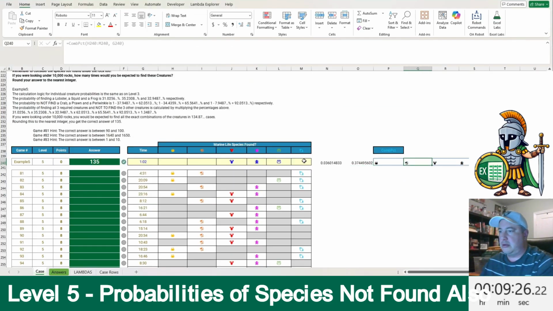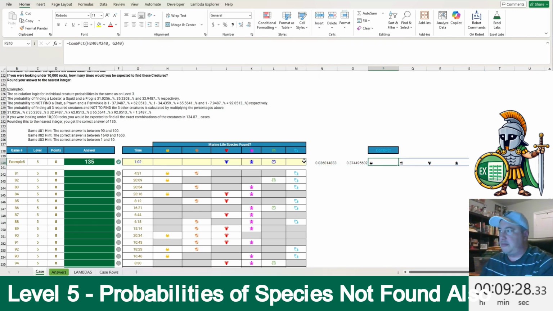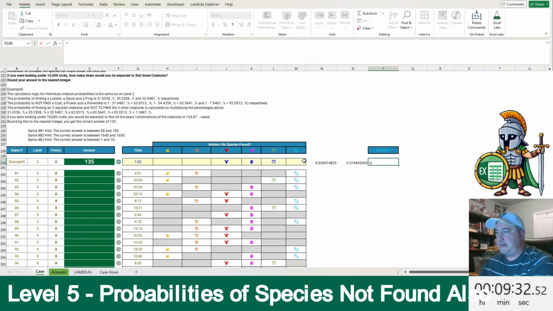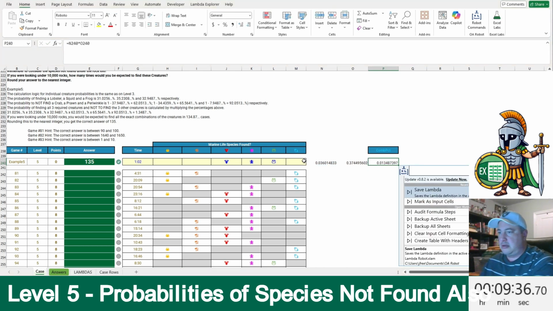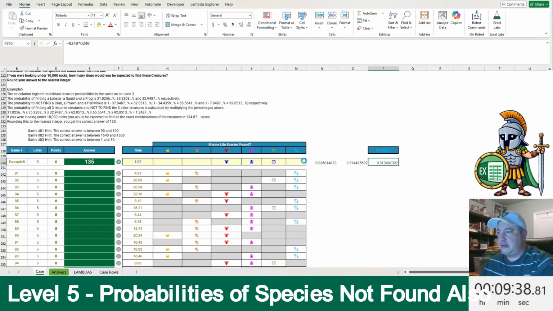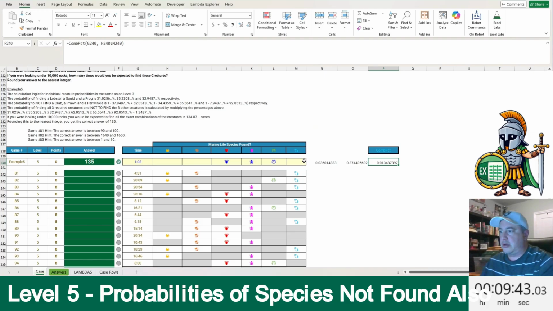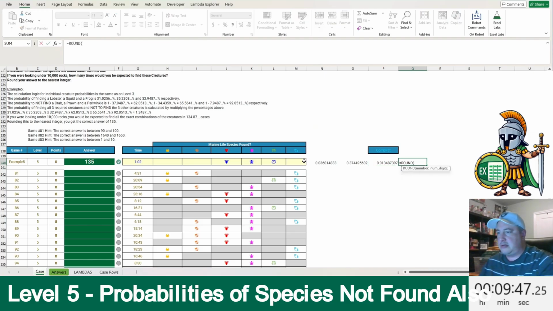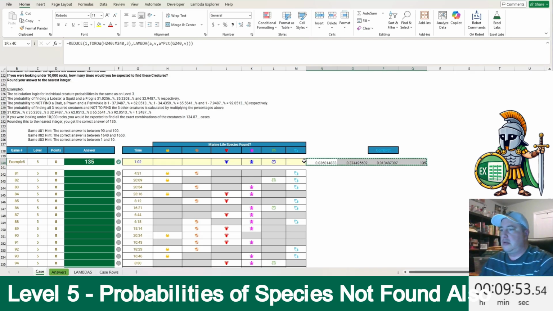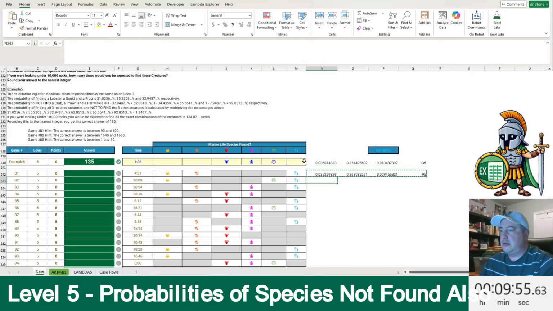What did I do wrong? Something went wrong here. It's supposed to be equals this times this. Save lambda. Okay, I think we're good now. And then equals round that times 10,000 to 0.